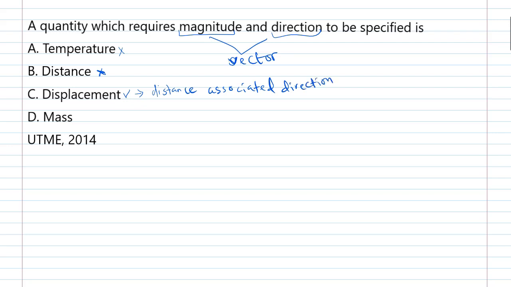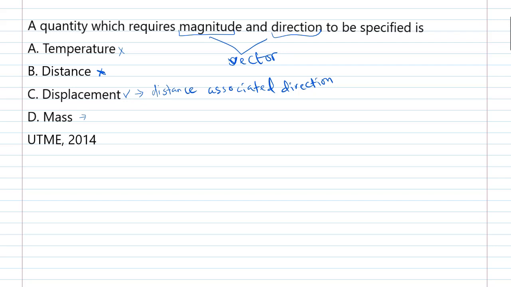This is the difference between distance and displacement. The last is mass. Mass is also a scalar because there's no direction associated with it.